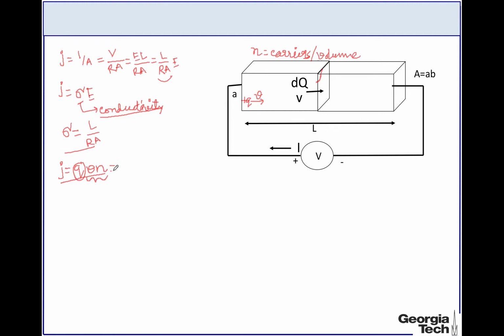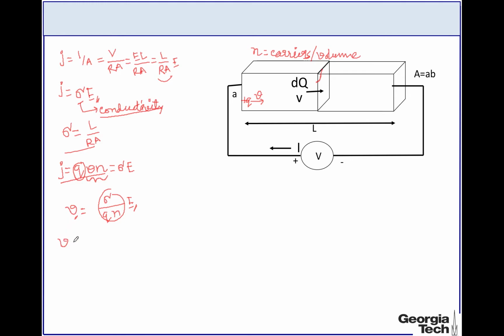Alright, and then if we equate it to sigma E, which we just derived here, then we get a very interesting relationship which says V equals sigma over Qn multiplied with E. In other words, the velocity of the carriers is proportional to the electric field, and this constant of proportionality is called the mobility.